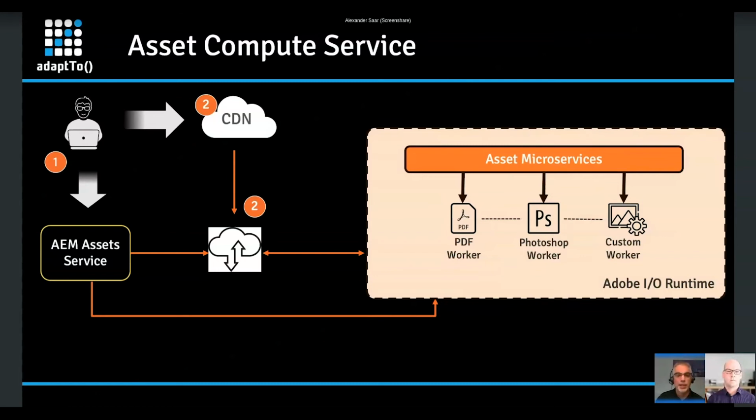And then next, once the asset is available in the blob store, AEM will send a processing request to a set of processors implemented as functions on top of Adobe I/O Runtime using a serverless approach. And these processors will take care of extracting metadata, full text extraction, generating thumbnails, generating all the renditions, and so on. And then at the final step, they are made available back to AEM.